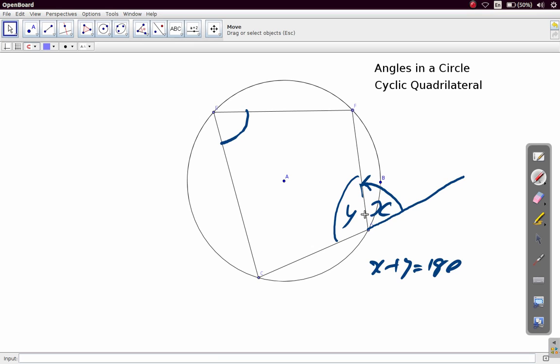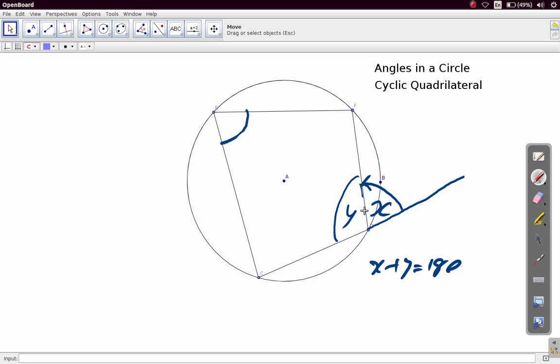Now, earlier we looked at the fact that the opposite angles in a cyclic quadrilateral are equal, right?